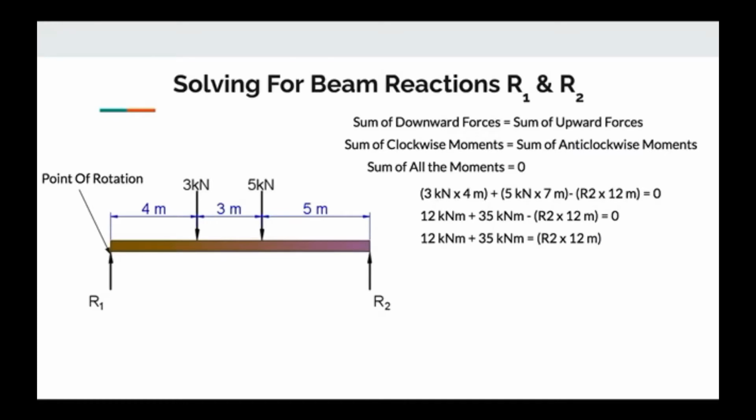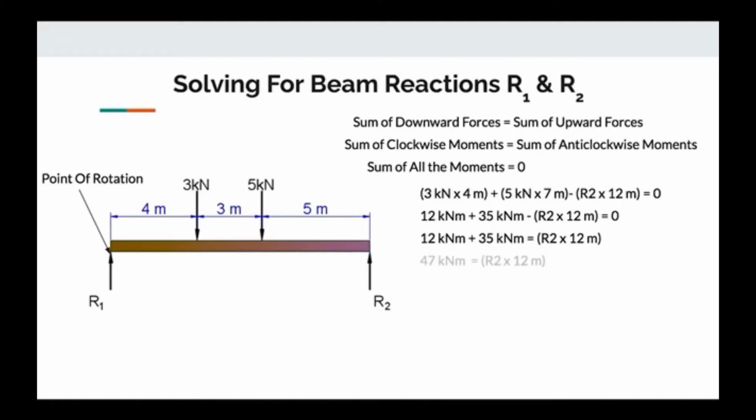The 12 kilonewton meters and the 35 kilonewton meters are both moments, and they will be added. But what I've done first of all is to bring over R2 times 12 to the other side of the equation, so that the minus sign is converted to a positive sign.